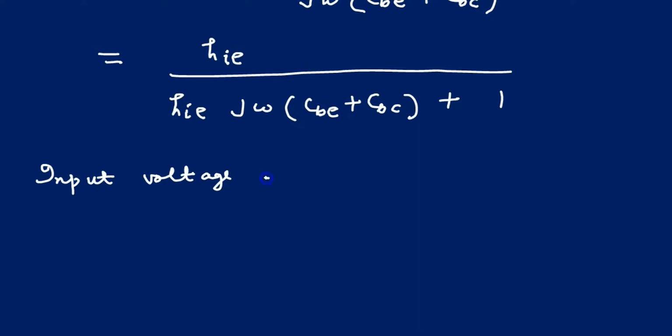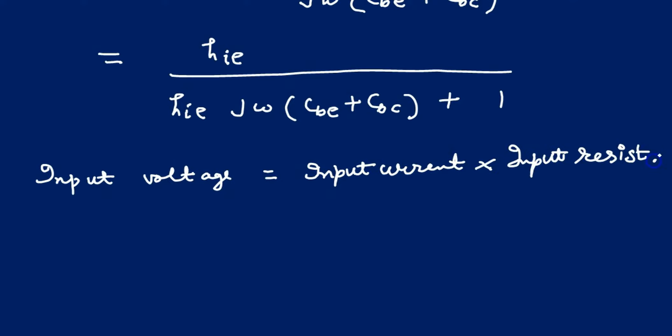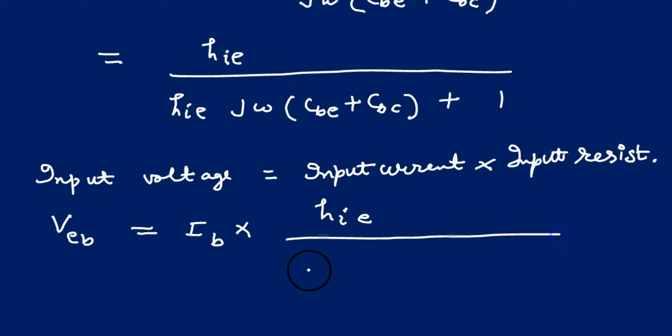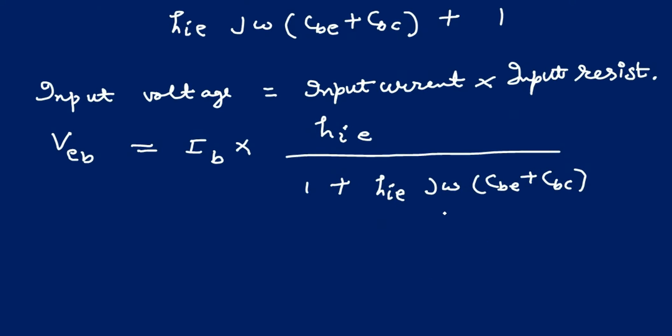Now we find input voltage is input current into the input resistance. So we are having the input resistance, input voltage is VAB, input current is IB, and the above which we already calculated above this relation. So again simplifying, and we find the value of IB now.